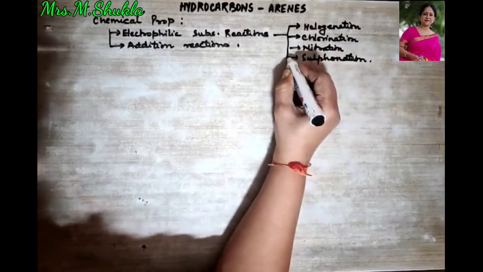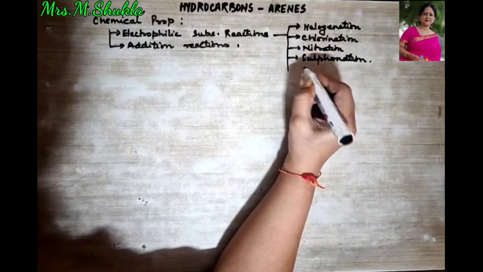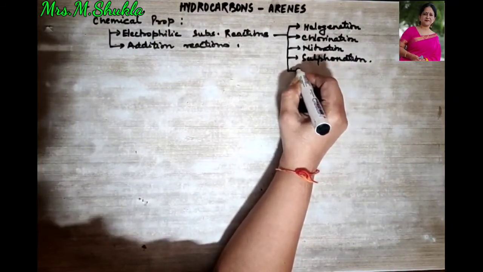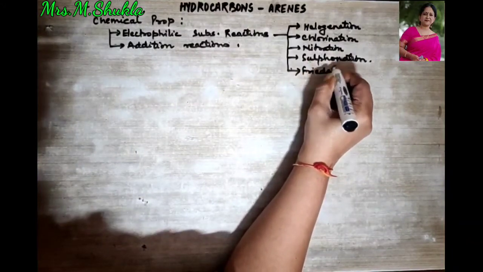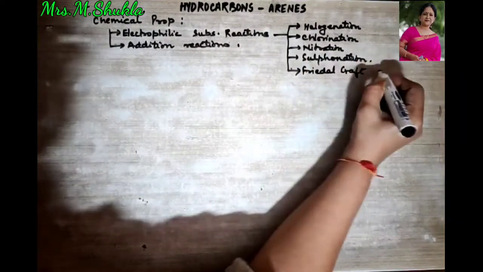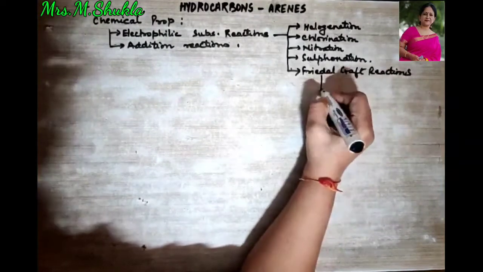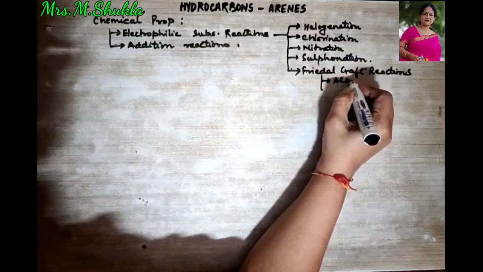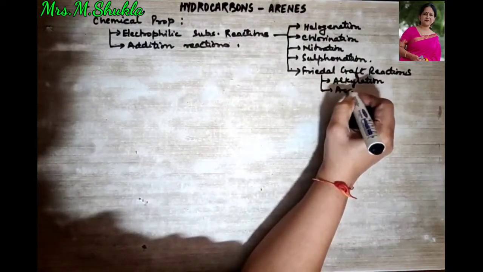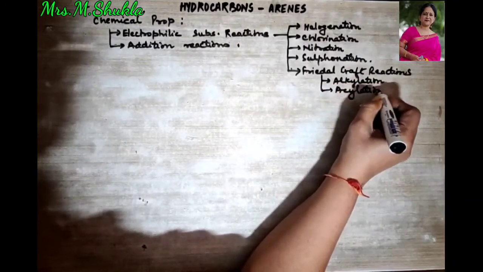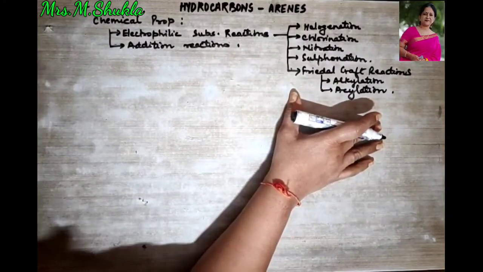We are also going to talk about Friedel-Crafts reactions, and in Friedel-Crafts reactions, as I said, we have two types: alkylation reactions and acylation reactions. Clear? So these are the different types of reactions that we have to study.